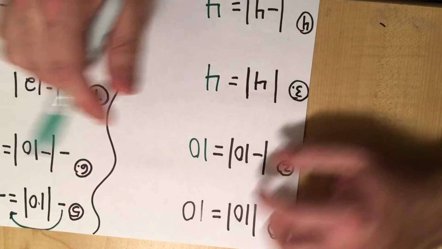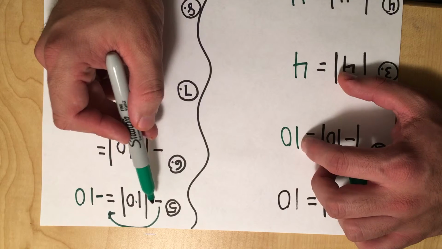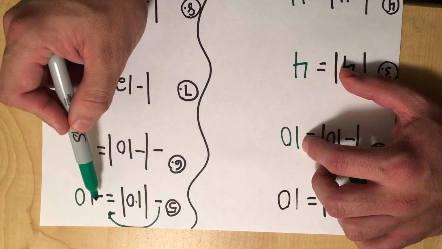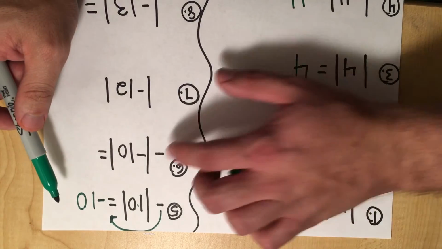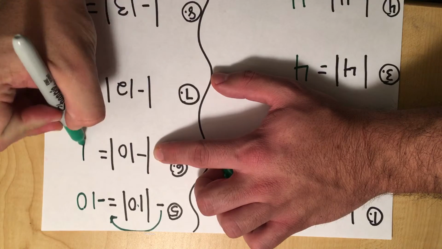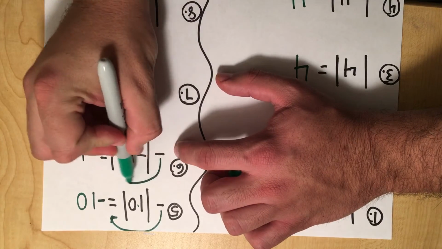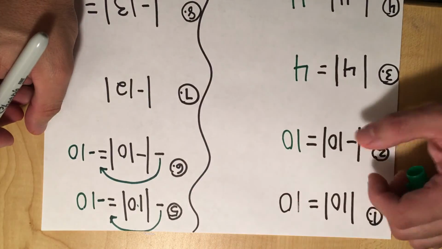Do you see how over here the negative's inside? Well, over here the negative's not inside, it's actually on the outside. So we're just going to carry it over once we take the absolute value of what's inside. Same thing over here. What's the absolute value of negative 10? Well, the absolute value of negative 10 is positive 10, but we have to carry over that negative sign because it's outside of our lines. So that would be equal to negative 10.